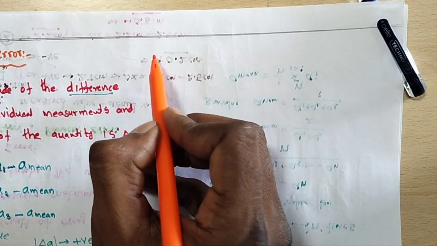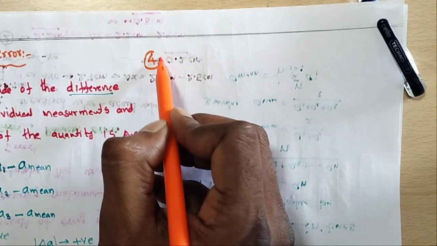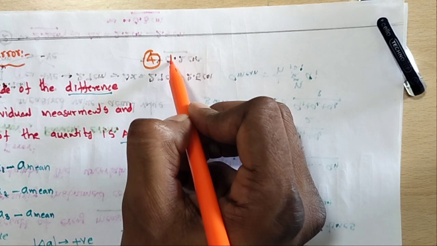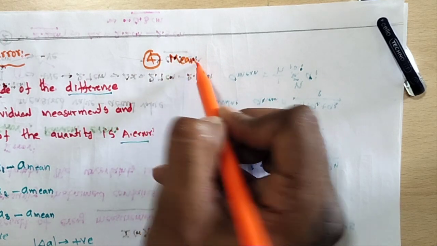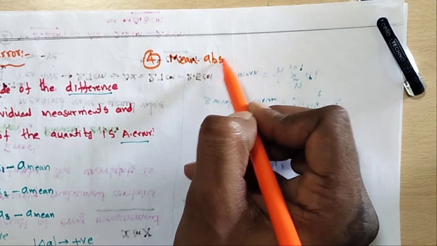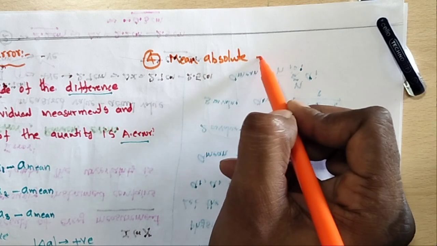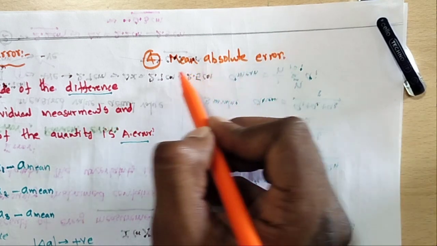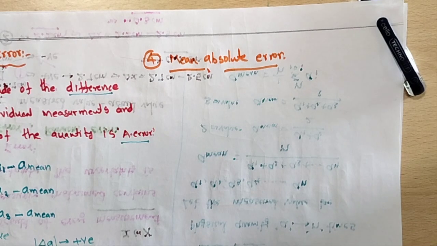And next, the fourth one is a continuation: mean absolute error. It is very easy.